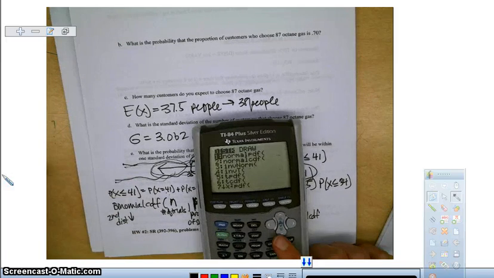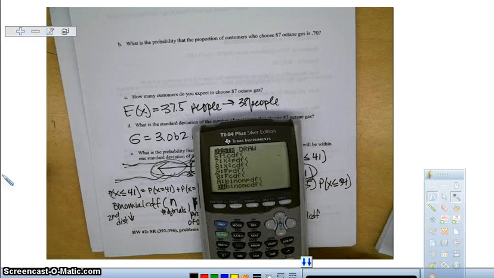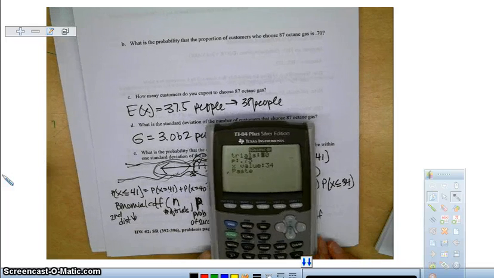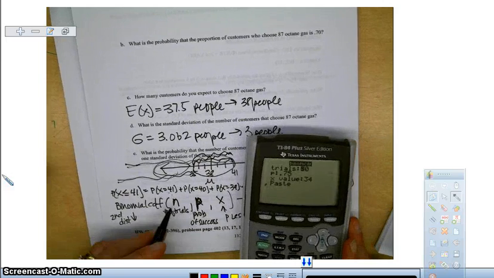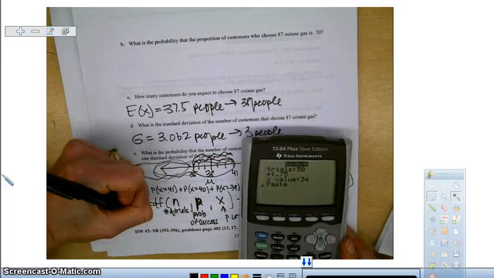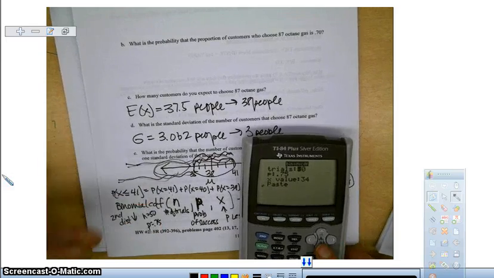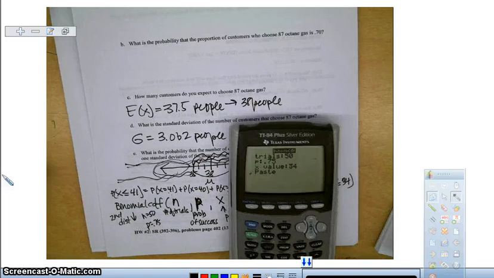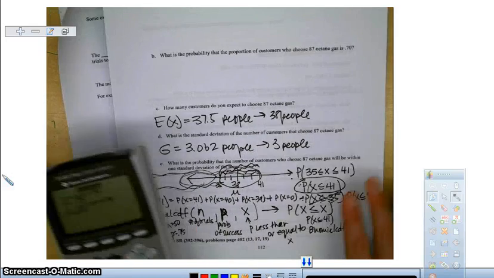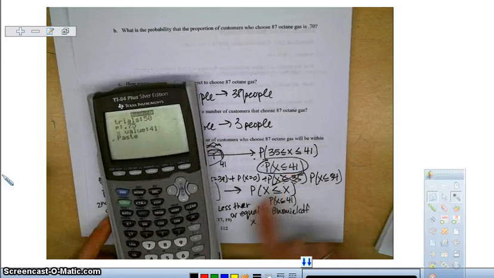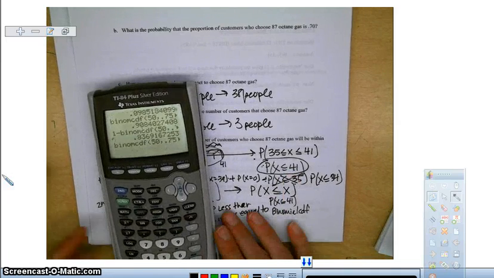On one calculator it's A, on the other it's B, so your calculator might be different. So binomial CDF, hit enter. The number of trials, N, is 50. P is 0.75. And my X value is going to be 41. Again, I'm finding this probability here.